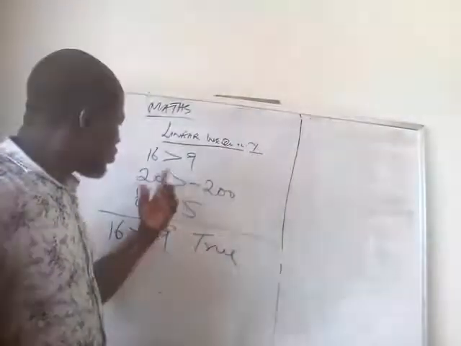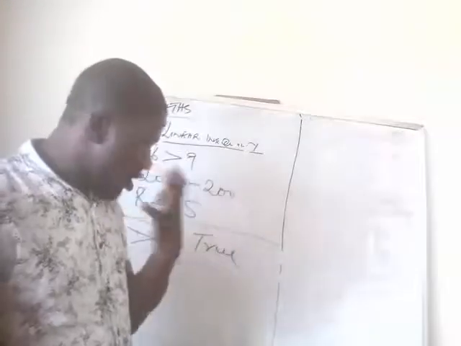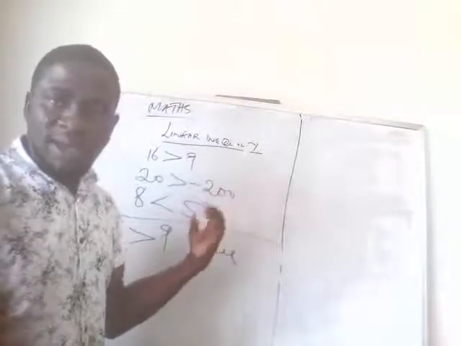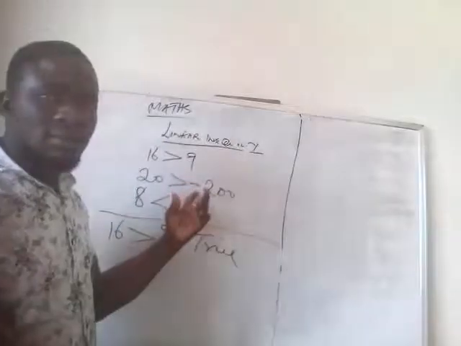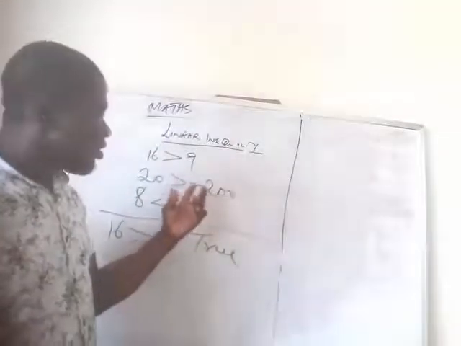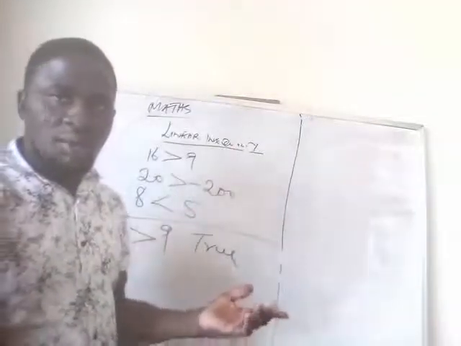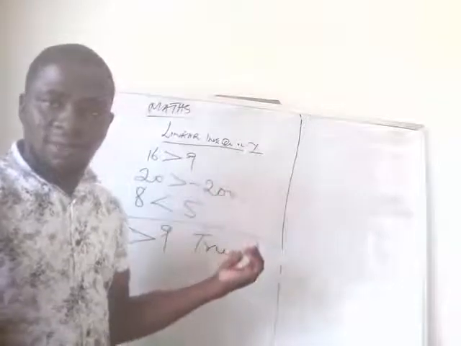We continue. 20 is greater than minus 200. Of course, ordinarily, 200 is bigger than 20. But because of the minus sign, this 20 is what you have, what you own. But this minus 200 is what you don't have.